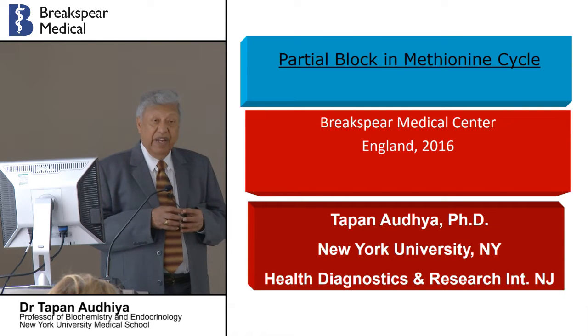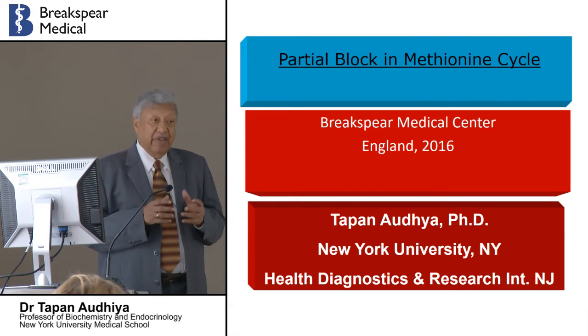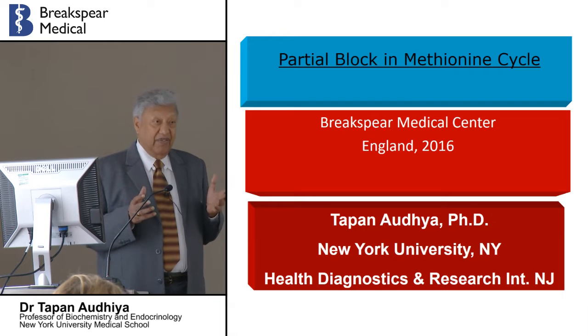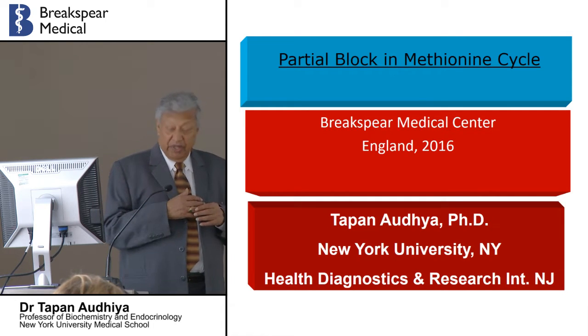There are many of them, and at least in the methionine cycle we found there are 10 different enzymes which run the entire cycle. Each one of them has some kind of a problem with mutation.